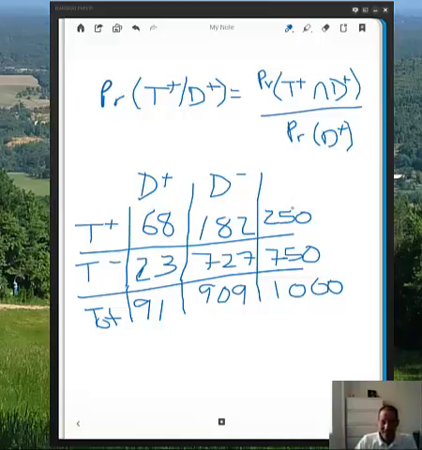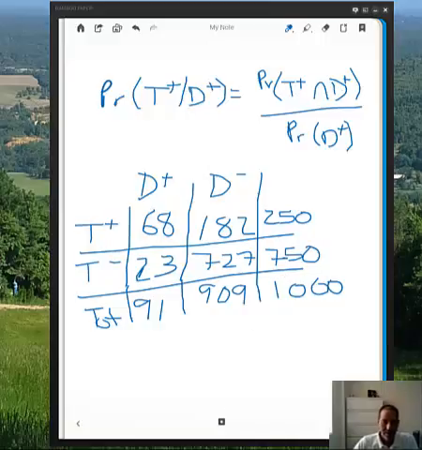So isn't that nice? We can actually complete this formula here to get the sensitivity of the test. What's the probability of both having the disease and testing positive? That's this intersection here. So 68 individuals out of 1,000 both had the disease and tested positive.